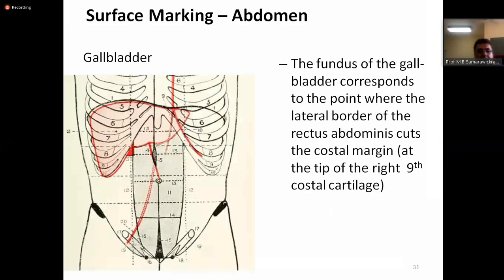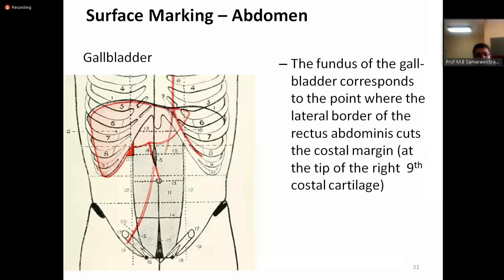Right. The gallbladder, the fundus of the gallbladder corresponds to the transpyloric plane, where it crosses the lateral border of the rectus abdominis, or the linea semilunaris, right? That is how you surface mark or demarcate the fundus of the gallbladder, right?